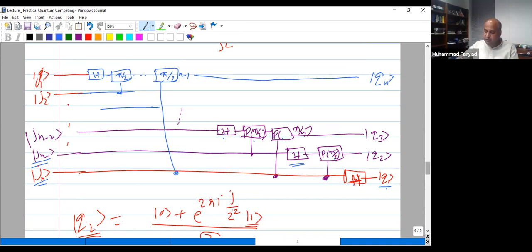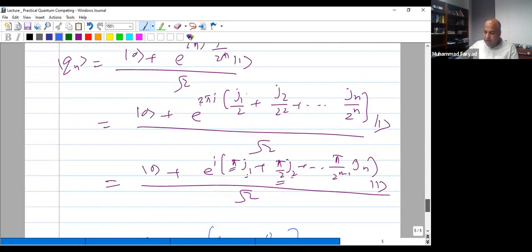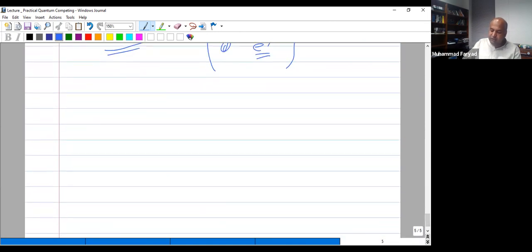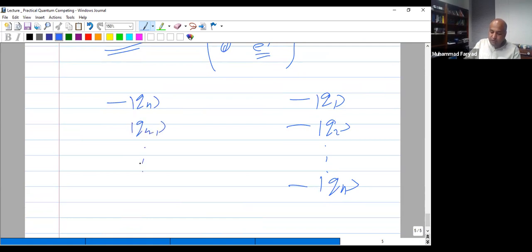So for onward processing and talking, we need a circuit that gives us our final output like this. So far we have been able to reach this point. So this is Qn, this is Qn minus 1, all the way to Q2, Q1.